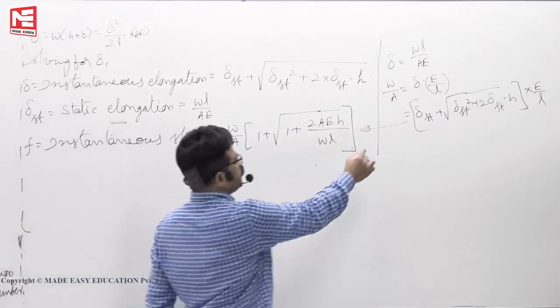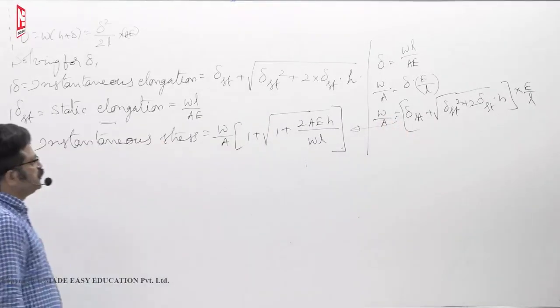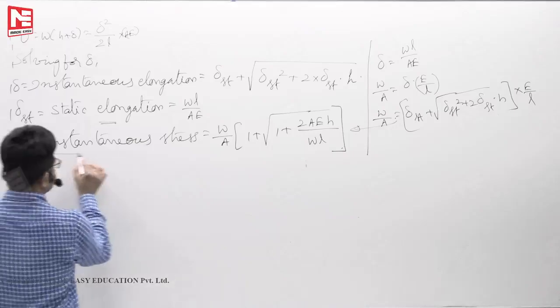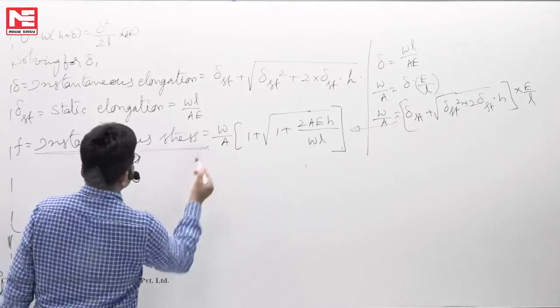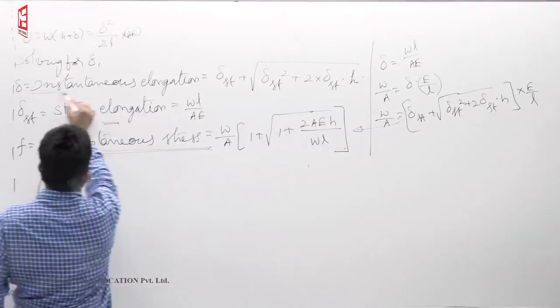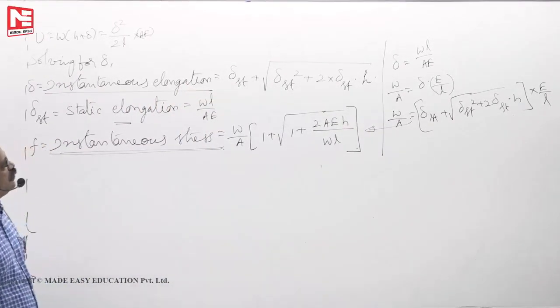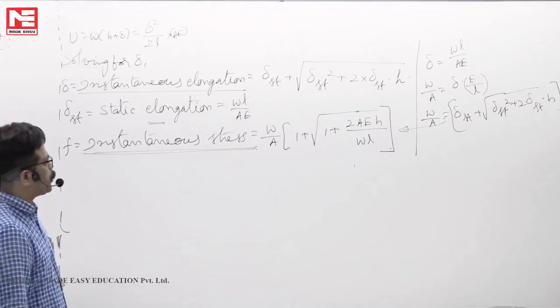This W by A we call the instantaneous stress. This value is more than 2WL by AE. This instantaneous elongation or instantaneous contraction, whatever way you call it, is more than 2WL by AE.